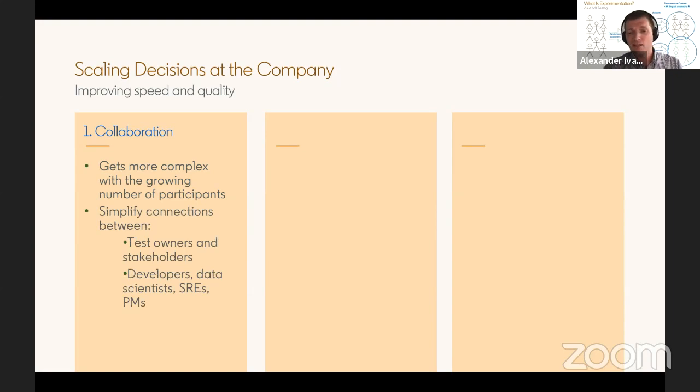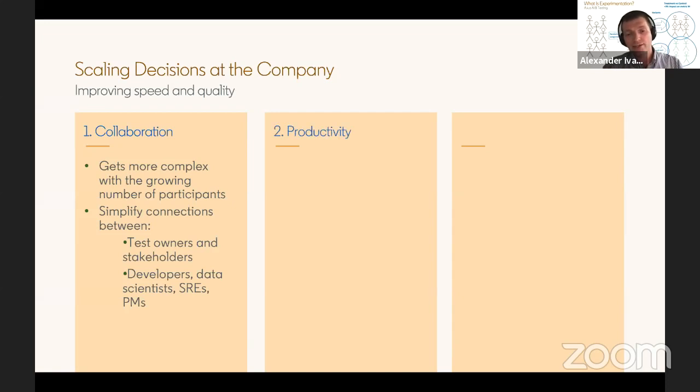Collaboration also means simplifying connections between multiple actors or roles in the system, like interactions between test owners and stakeholders, or between developers, data scientists, SREs, and PMs.